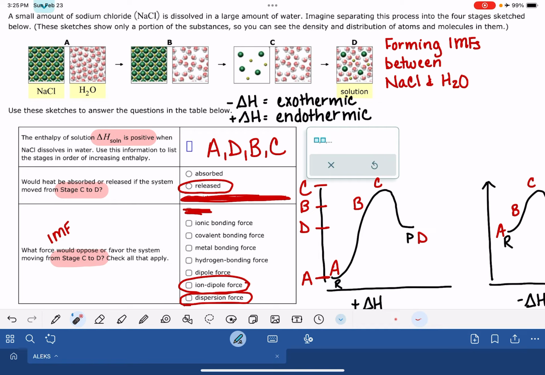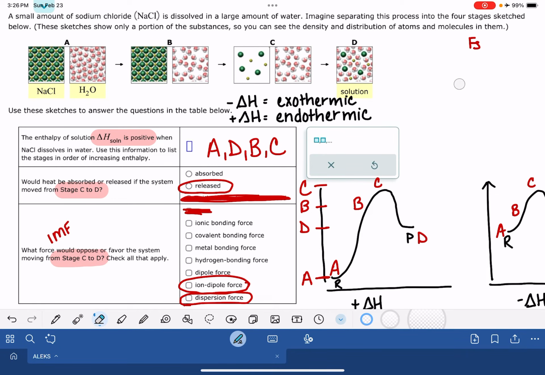However, the hydrogen bonds between the water molecules are not being changed as we go from C to D. The water molecules are hydrogen bonded together in stage C, and they continue to be hydrogen bonded together in stage D. So they're not being affected by moving from stage C to stage D. We're only being asked about the IMFs that are changing as we move from one stage to another. And that, I think, is what makes this problem extremely tricky.